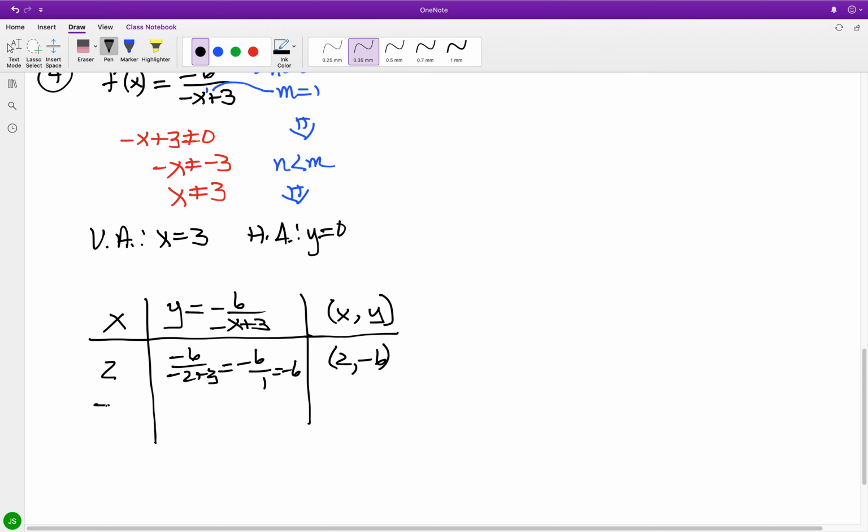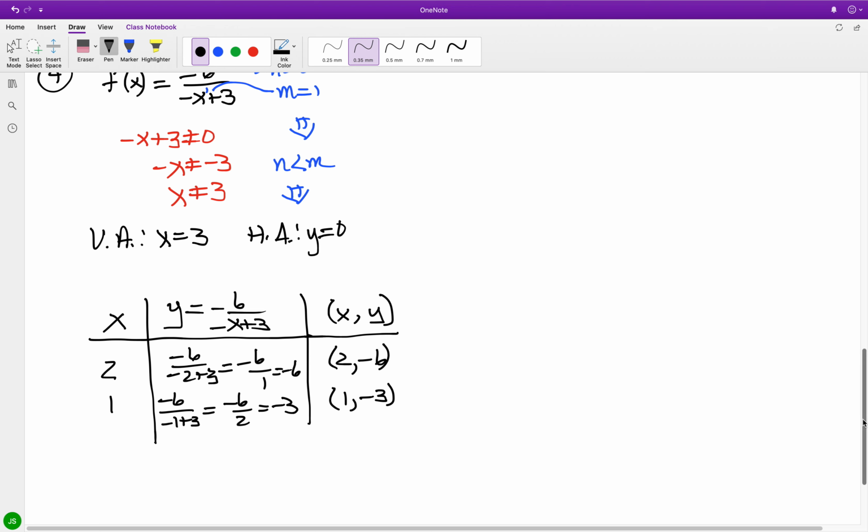And if I say the x value is 1, then we have negative 6 over the negative of 1 plus 3, so negative 6 over 2. That would be negative 3. So we come out to 1, negative 3.